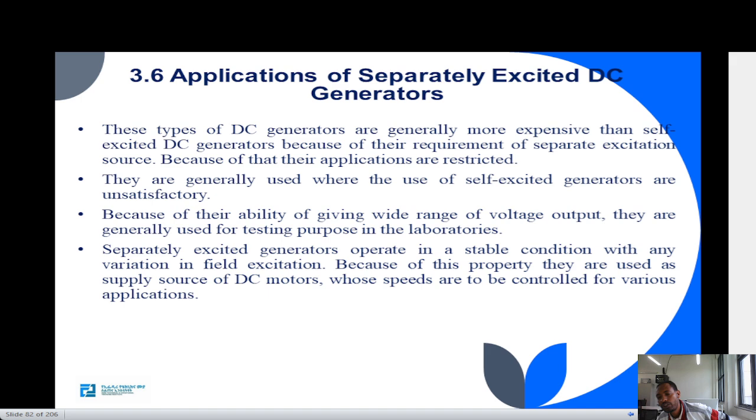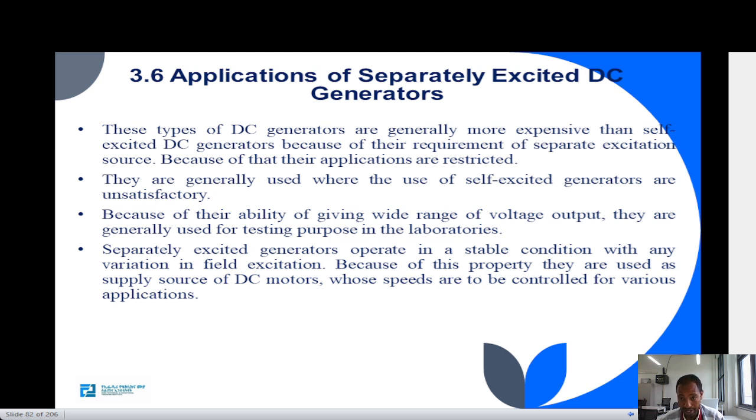Finally, on the separately excited DC generator, we'll see applications. Where are we going to use such generators? This type of DC generator is generally more expensive than a self-excited DC generator. Why? Because it needs an additional DC power supply.